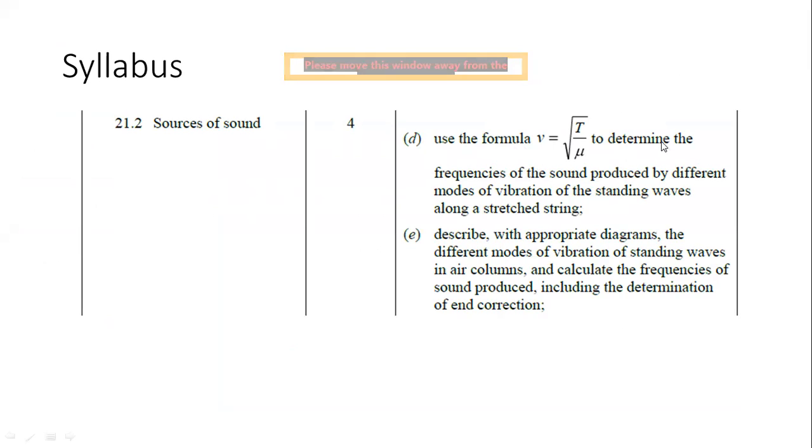Topic 20: Determine the frequency of sound wave produced by different modes of vibration of standing wave along the stretched string. Describe, with the appropriate diagram, the different modes of vibration of standing wave in air column. Calculate the frequency of sound produced, including determination of end correction. Okay, so we are just going to do this one.